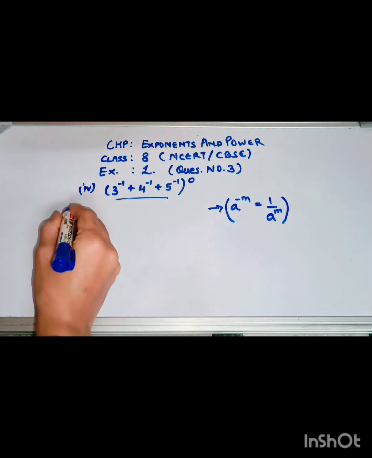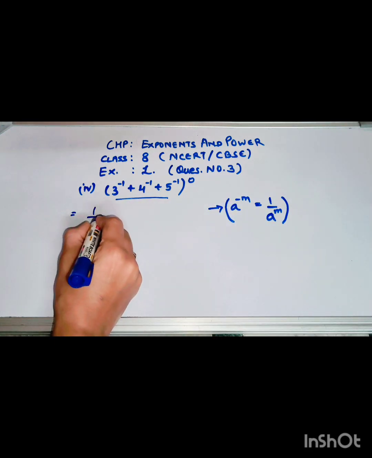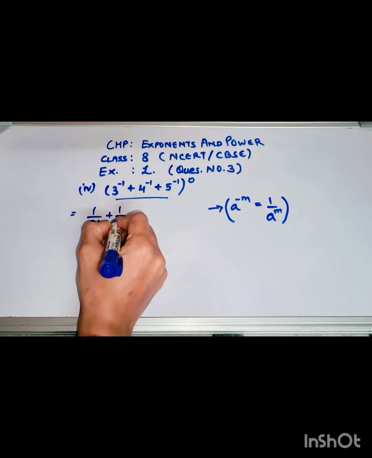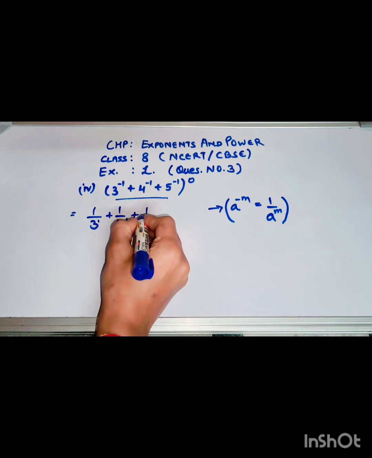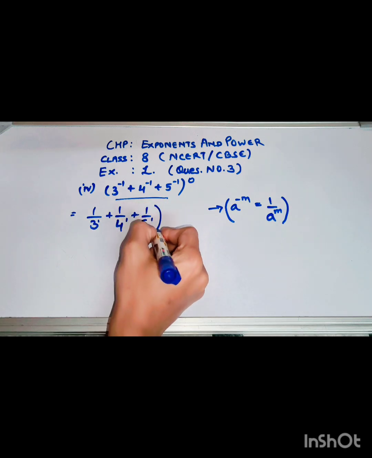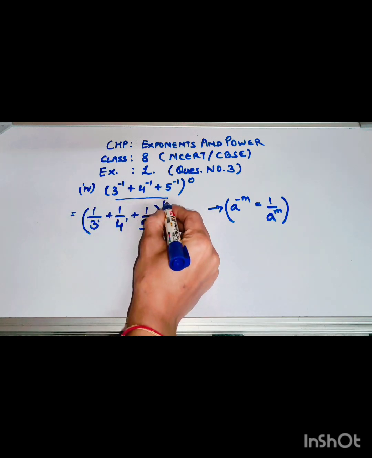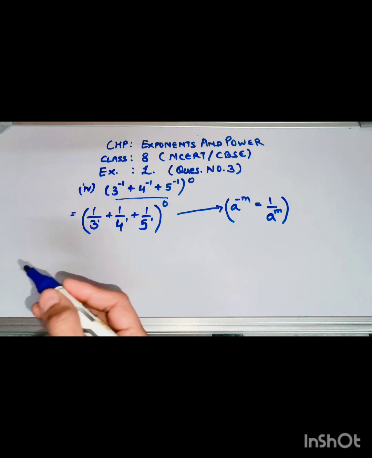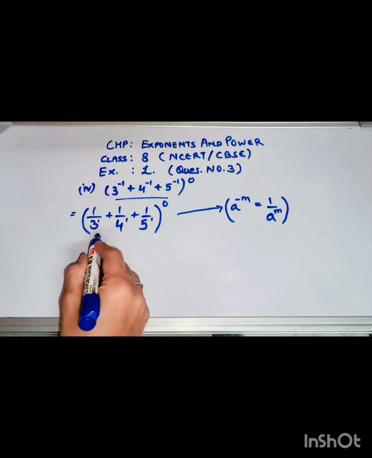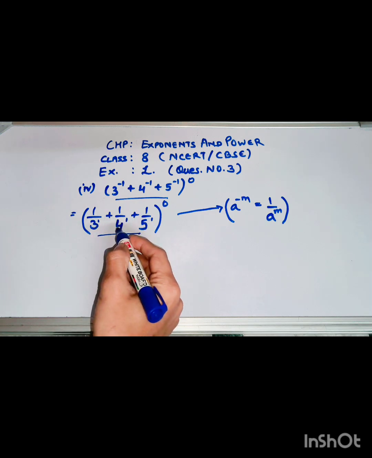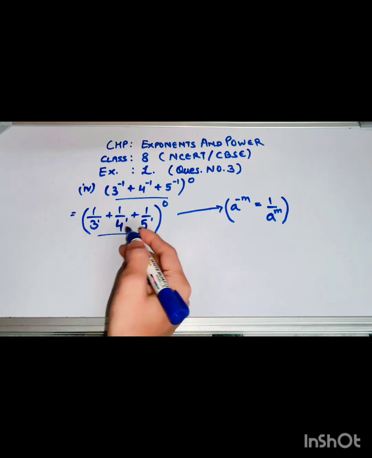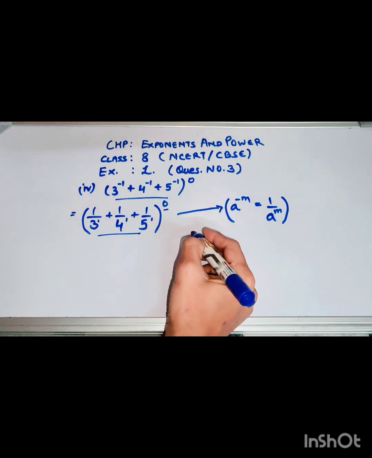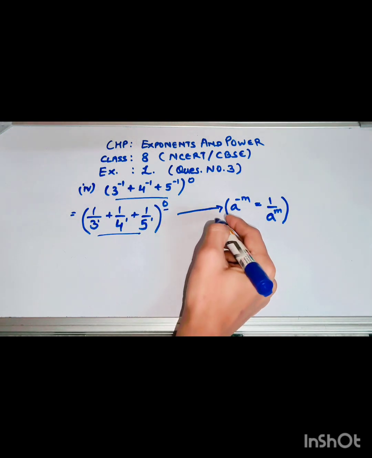Okay, so by this rule I will write here 1 divided by 3 raised to the power 1 plus 1 divided by 4 raised to the power 1 plus 1 divided by 5 raised to the power 1, whole raised to the power 0. Okay, now we can take LCM and solve this, but as you can see, the power is 0, which means anything to the power 0 is 1.